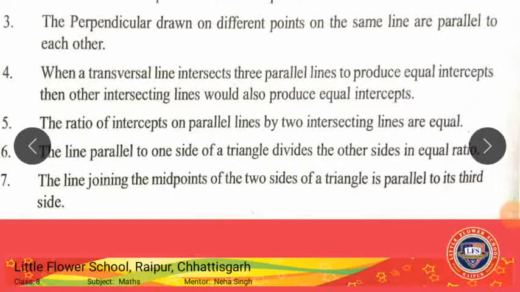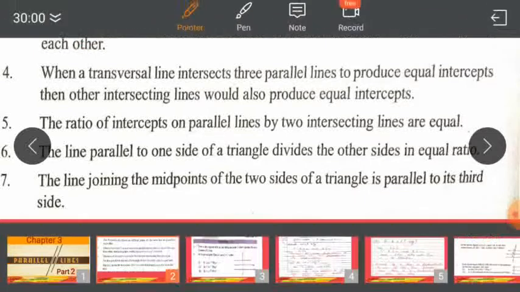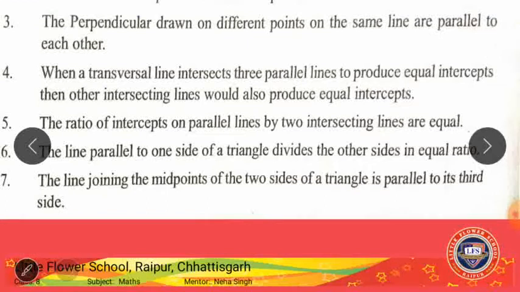So here, the perpendiculars drawn on different points on the same line are parallel to each other. What is perpendicular? Perpendicular means when the lines are making an angle of 90 degrees, they are called perpendicular, right? The perpendicular drawn on different points on the same line. See, this is a parallel line.